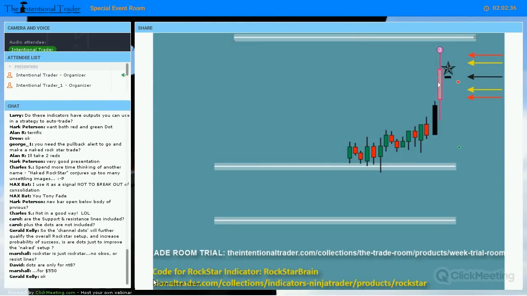Yes, dots are only for NT8 because we're only developing NT8 forward. NT8 and whatever comes after that. As you saw, were you here at the beginning, David?